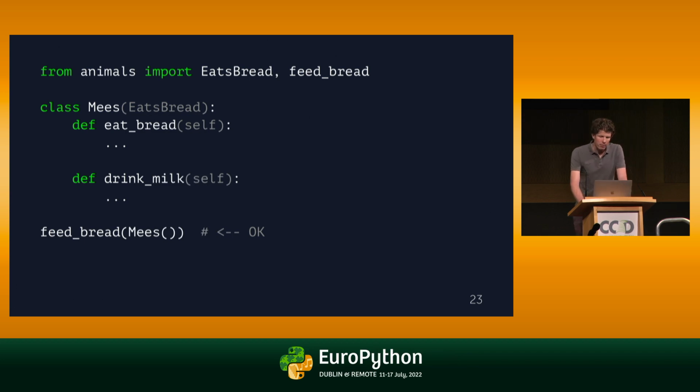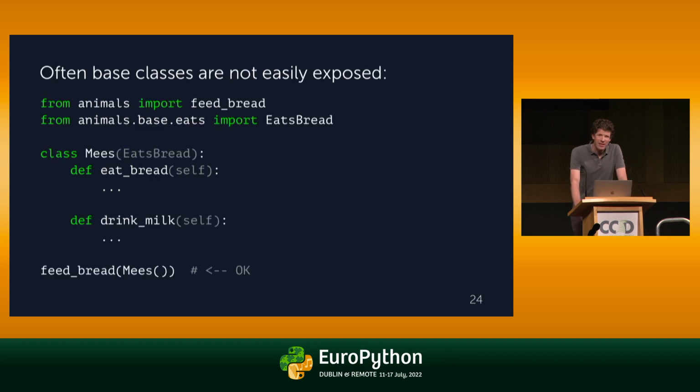Typically, though, those base classes are not so easily exposed in packages that I tend to use. So then instead of being able to import feed bread and eats bread from animals, you'd have to find this eats bread base class somewhere deep inside the library, somewhere like from animals.base.eats import eats bread. But still, this works fine.